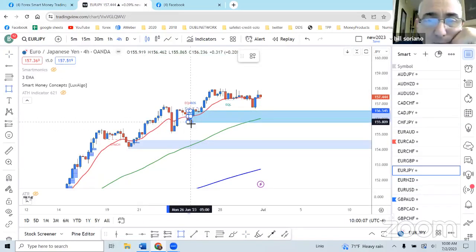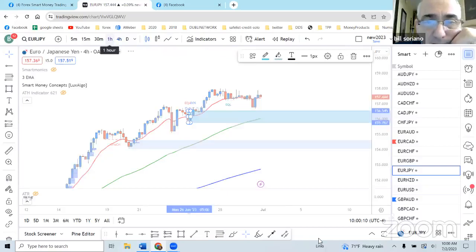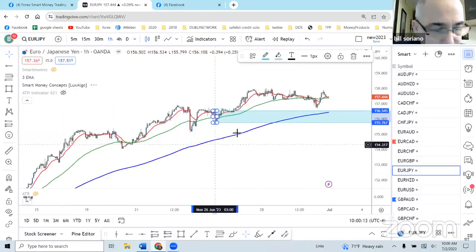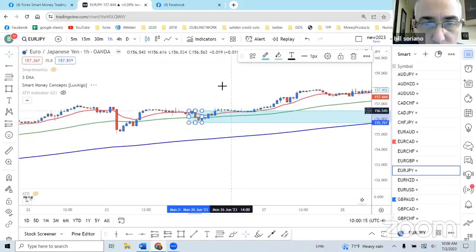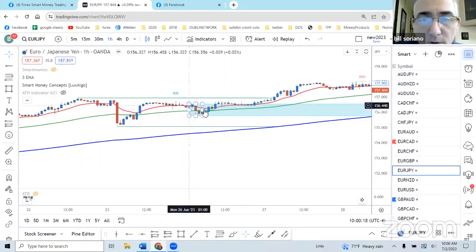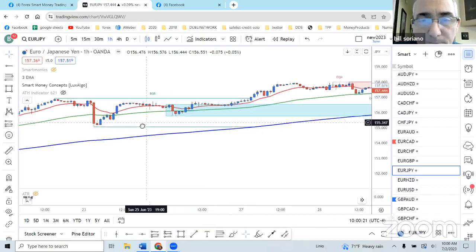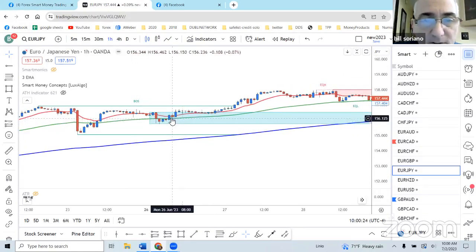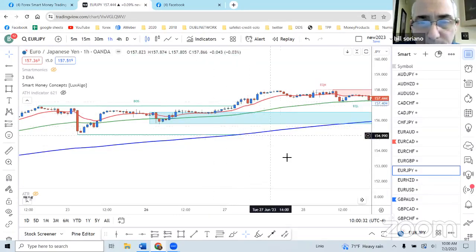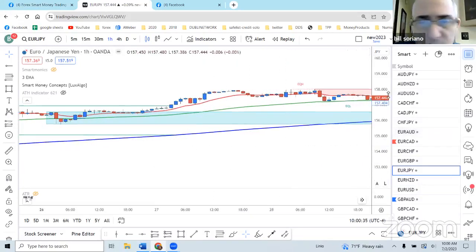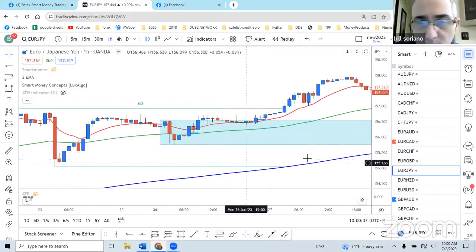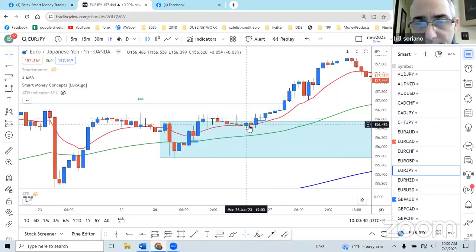Let's see if we drop down to the 1 hour. If we highlight this zone here, let's see if the 1 hour gives us anything that looks any better. So on the 1 hour, we do have this candle right here. We have this candle down here, which is really the last down candle before the up move here. So we also have this pullback to here. And so we could identify this right here as our point of interest.